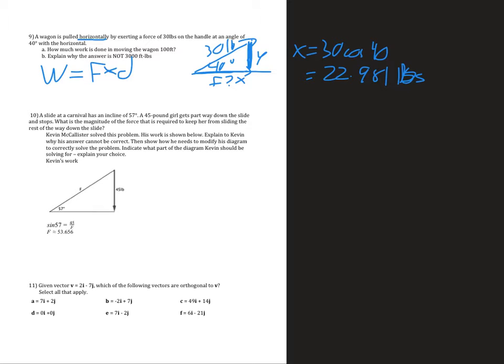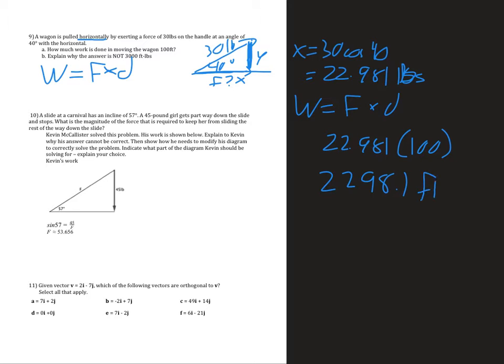So my formula then, work is equal to force times distance, becomes 22.981 times 100, which is then 2,298.1 foot-pounds. And so part B is really just asking us to explain everything that I just said.